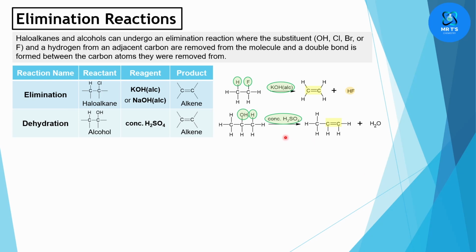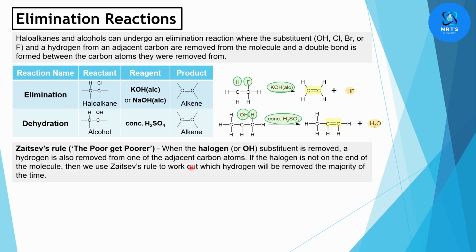Now, what's important to know with these types of elimination reactions is the following situation, when we have to use Zaitsev's rule. Zaitsev's rule is that if we remove either the halogen or the alcohol substituent, then a hydrogen is going to be removed from the adjacent carbon.